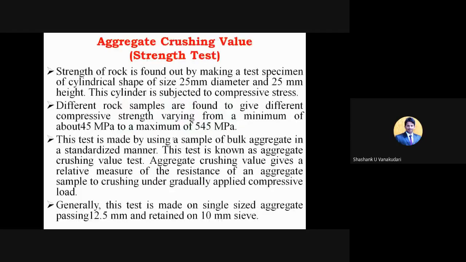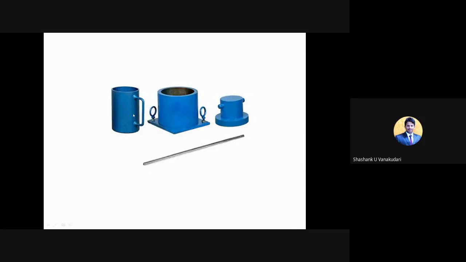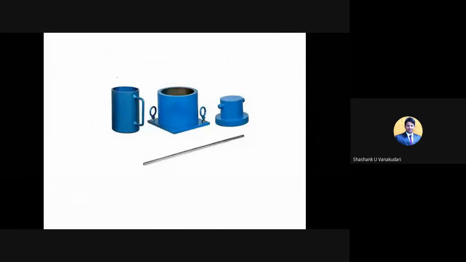Fine. So these are the apparatus needed to conduct this crushing value test. In this test we get the crushing value in terms of percentage. To find the crushing value, we need certain apparatus. The experiment is very simple, just understand it by keeping this diagram in your mind.